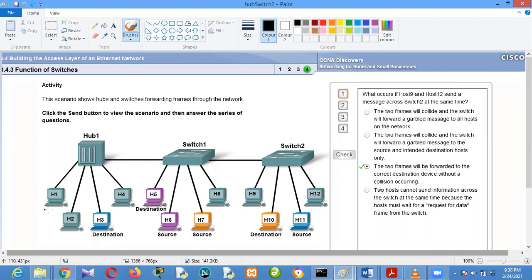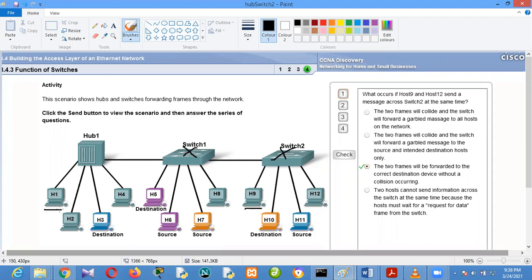Let's say H1 is asking who is H9 and the ARP table here is blank. So how is the message going to go, and who will receive the messages?